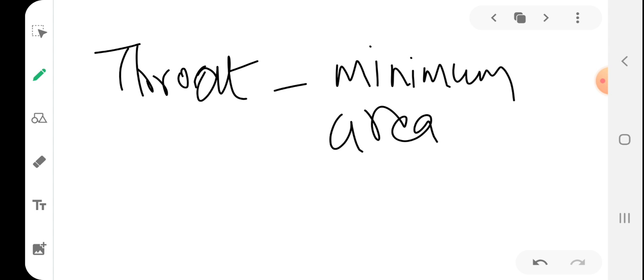In that passage, the particular section where the area is minimum is called the throat of that passage. The important thing you have to note is what the Mach number will be at the throat.